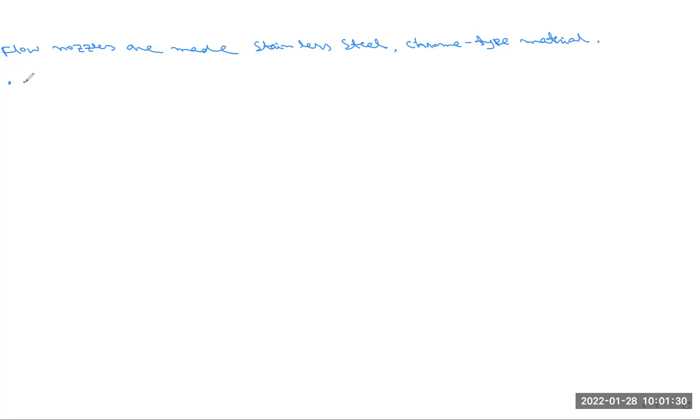Another important point: these flow nozzles should be used at a Reynolds number value of 50,000 or above.